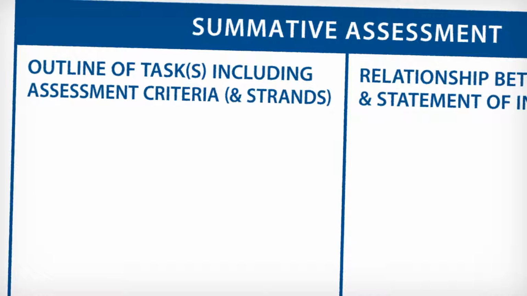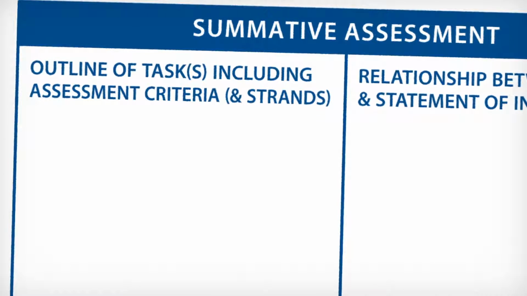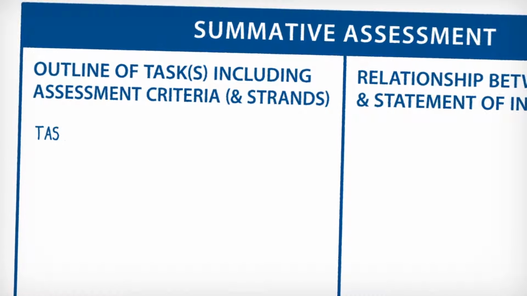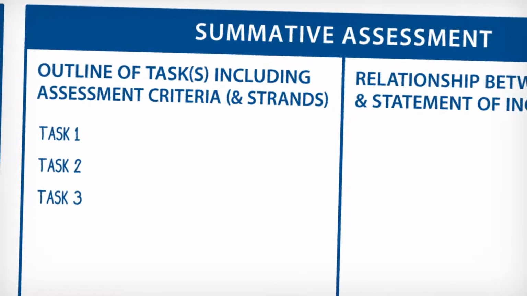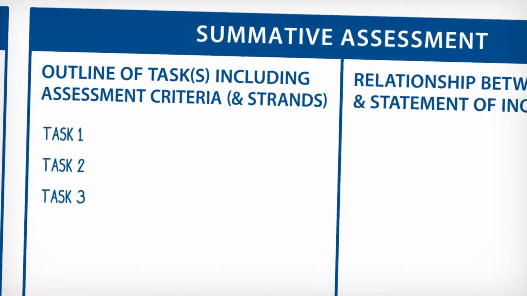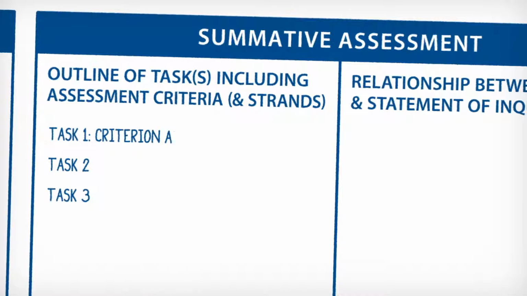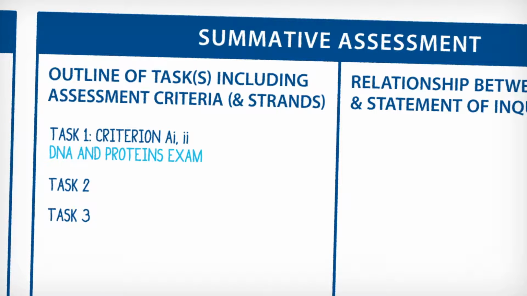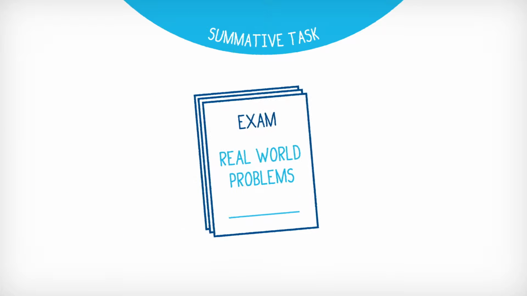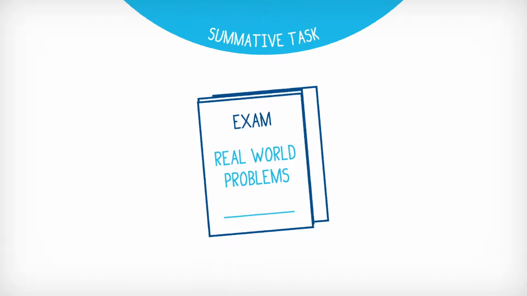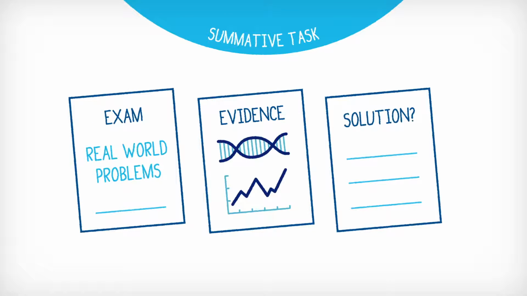In some subjects, when multiple criteria are used for assessment in a unit, the nature of the criteria may require more than one type of summative task. An example of this could be in sciences. In this subject, one way in which criterion A might be assessed is through an exam. It is important to note that in order for an exam to be a performance of understanding, it needs to go beyond recall of unit content and include opportunities for students to apply their knowledge in a range of authentic scenarios.